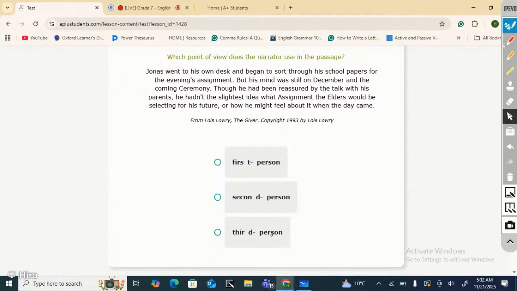Jonas went to his own desk and began to sort through his school papers for the evening's assignment. But his mind was still on December and the coming ceremony, though he had been reassured by the talk with his parents. He hadn't the slightest idea what assignment the elders would be selecting for his future, or how he might feel about it when the day came. Okay, so which point of view does the narrator use in this passage?